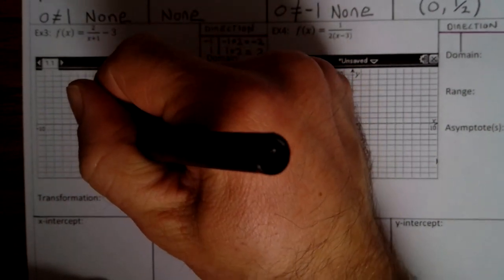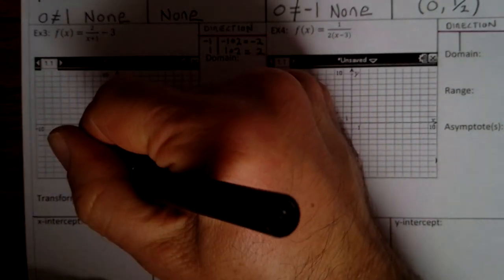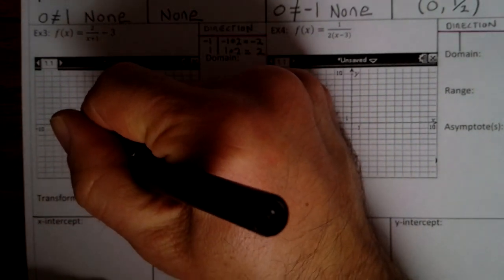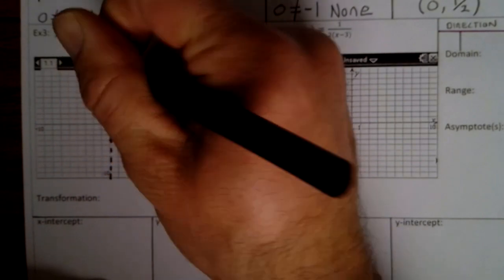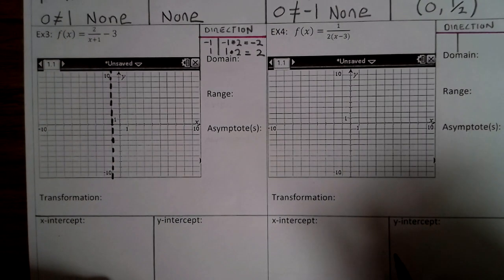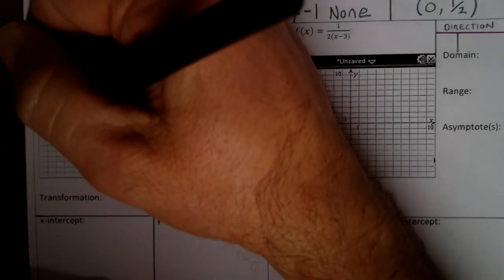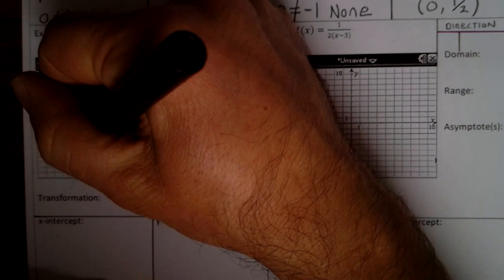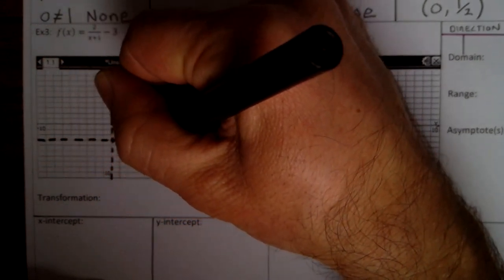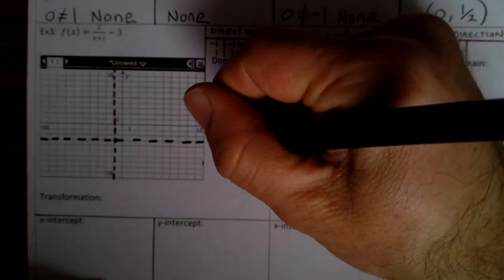So we have an asymptote at x equals negative 1, and an asymptote at y equals negative 3. So our asymptotes are x equals negative 1 and y equals negative 3.